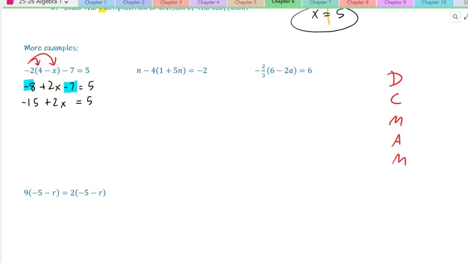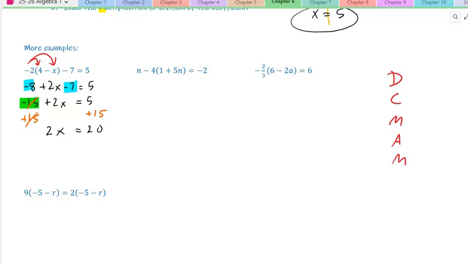So now we're going to undo the addition or subtraction of a constant, and I see here we have negative 15, so we're going to add 15 to both sides. Those cancel out on that side, and we are left with 2x over here equals 5 plus 15, which is 20 on the other side.